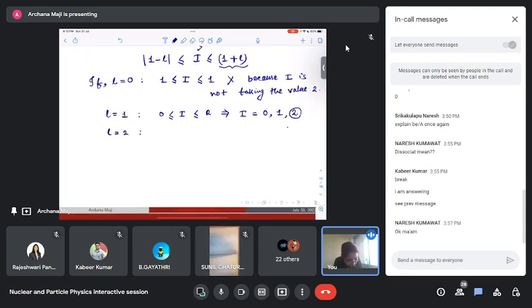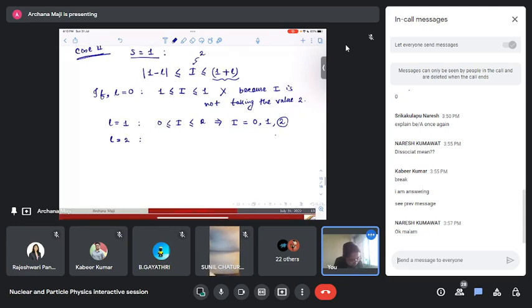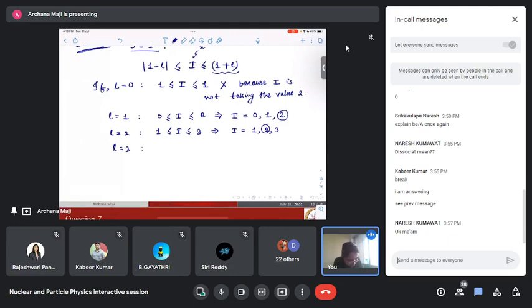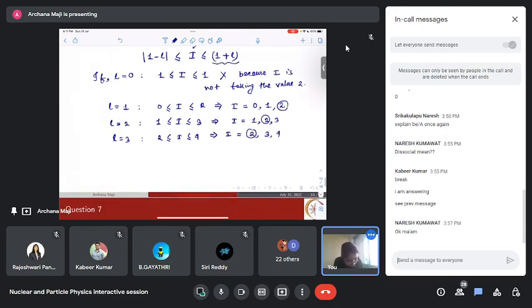Now if L is equal to 2, then I runs between 1 and 3, so I is equal to 1 or 2 or 3. So the value 2 is still there. If L is equal to 3, then I lies between 2 and 4, so I is 2, 3, 4. So again the value 2 we are getting.